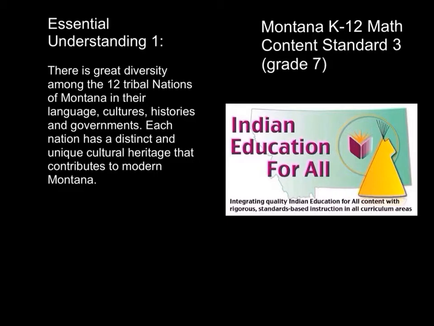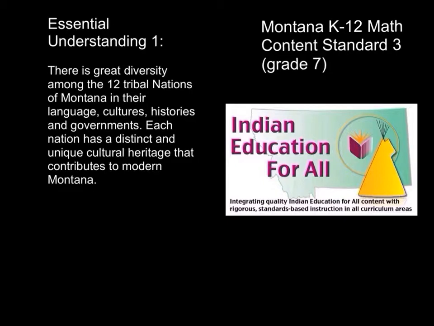Each nation has a distinct and unique cultural heritage that contributes to modern Montana." So I thought this would fit very nicely with looking at Native American star quilts in the Lakota Sioux culture and relating that to some mathematical concepts.